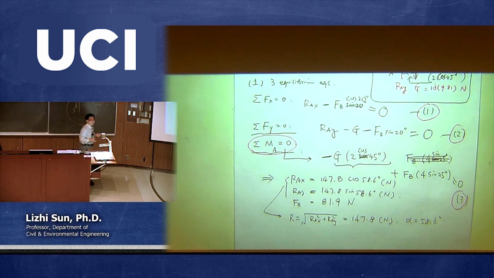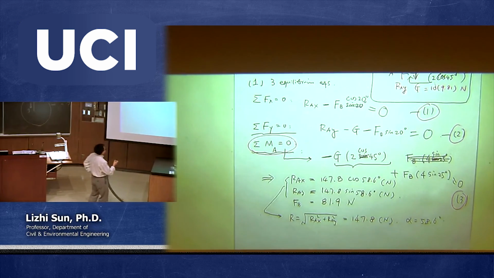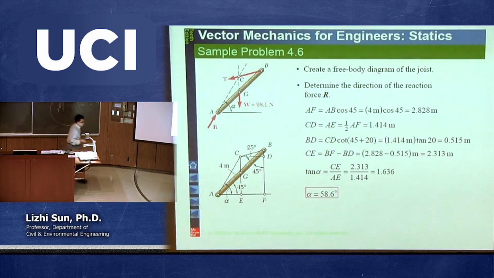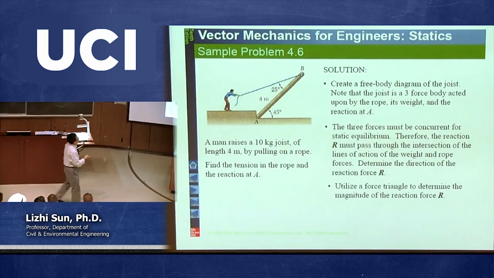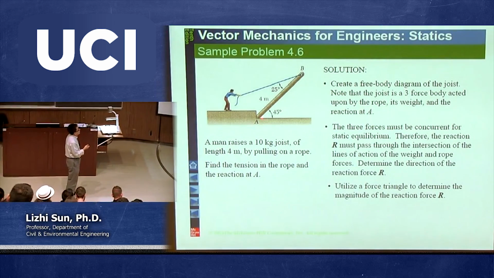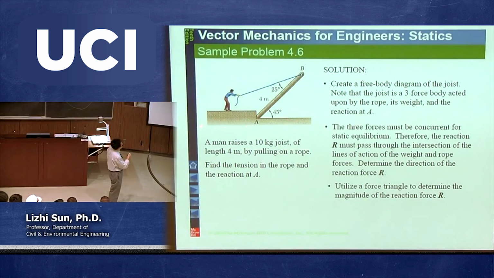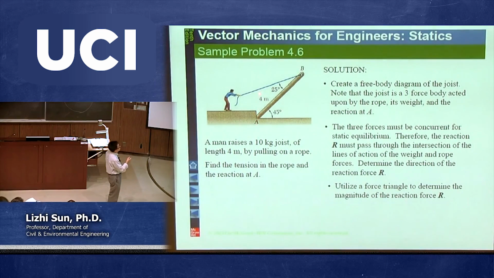Any other questions? How are you able to determine which reaction point it was? Okay, for this problem, there are two ways you can find out the reaction from point A. Normally at point A, if there's only a flat surface, obviously there is a reaction in the vertical direction.